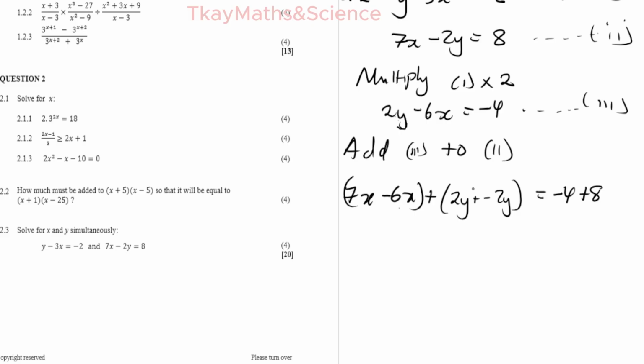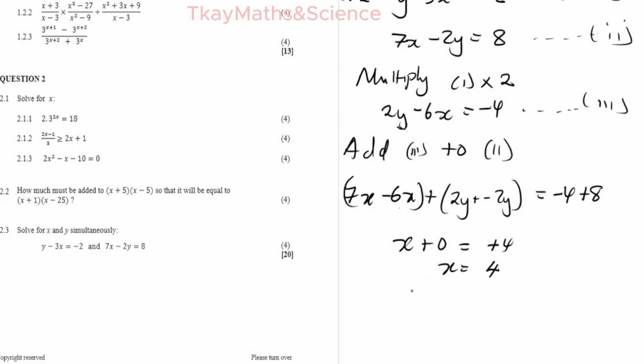So here we can eliminate this one. We're going to have 7x minus 6x, which is equal to x, plus 0 is equal to minus 4 plus 8, which gives plus 4 here. Okay, so x is equal to 4. All right.